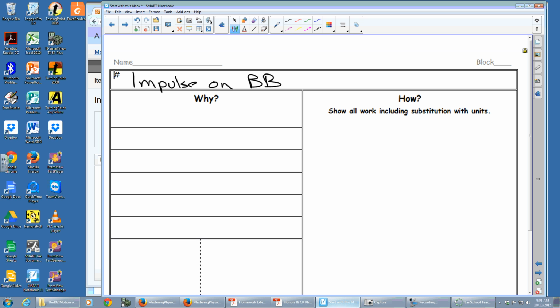So for that first part, what I would have in my Y is really showing my understanding of that. I understand what impulse is. That impulse is created when a force acts for a time on a body.